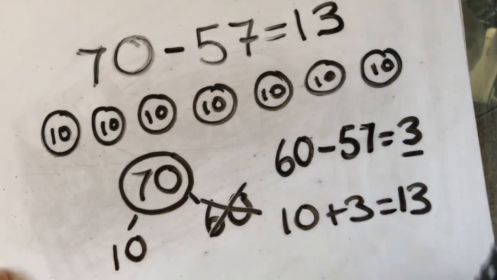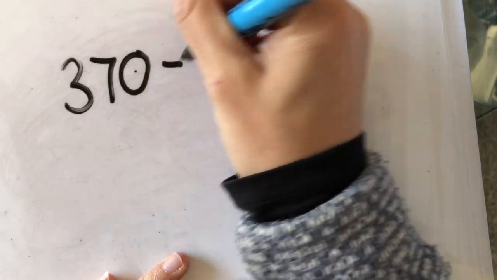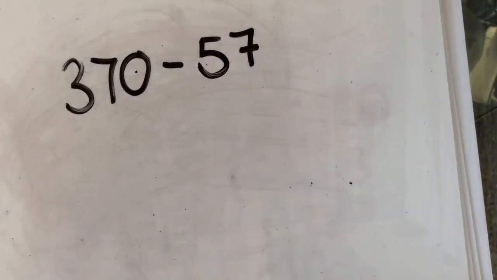Now again, when we do this in the class, we would look for patterns that we might find. So we've just done 70 take away 57, so I'm going to look at 370 take away 57. And again, thinking about how I might regroup that.